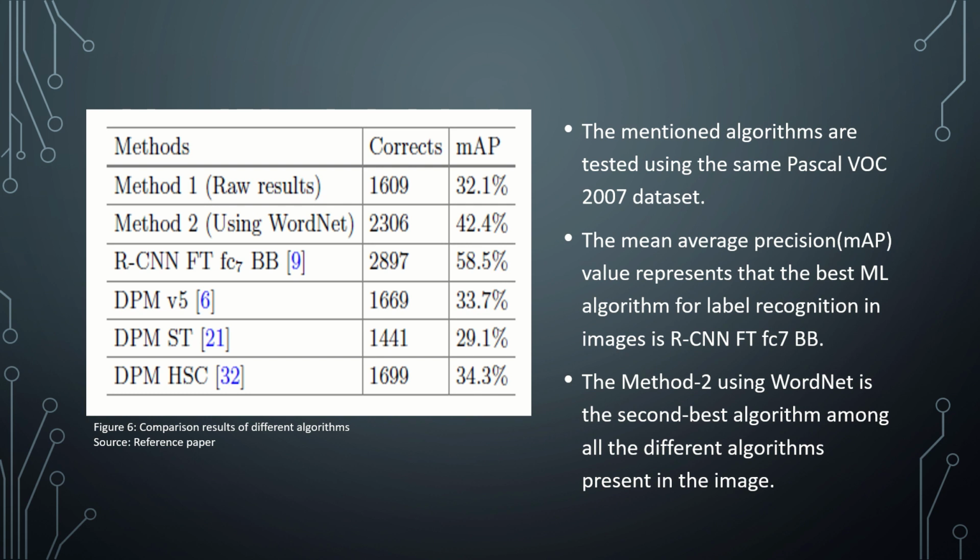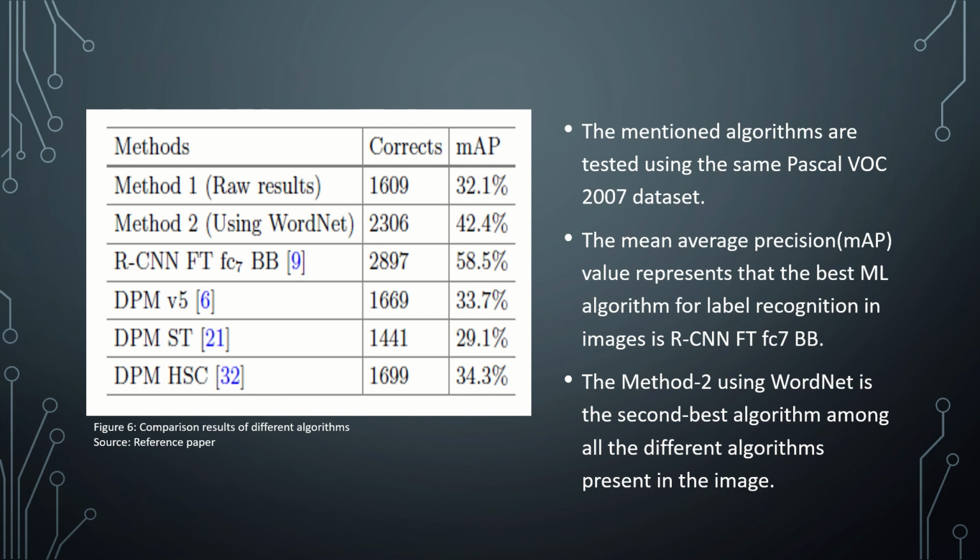So the results in the literature, including the different machine learning algorithms, and in the table it represents the mean average percentage of the different machine learning algorithms in image recognition, and all these are tested using the same Pascal VOC 2007 dataset. And from the table we can see that RCNN-FT-FC7BB is the best algorithm among the different algorithms present, and it has an accuracy or mean average percentage of 58.5 percent.